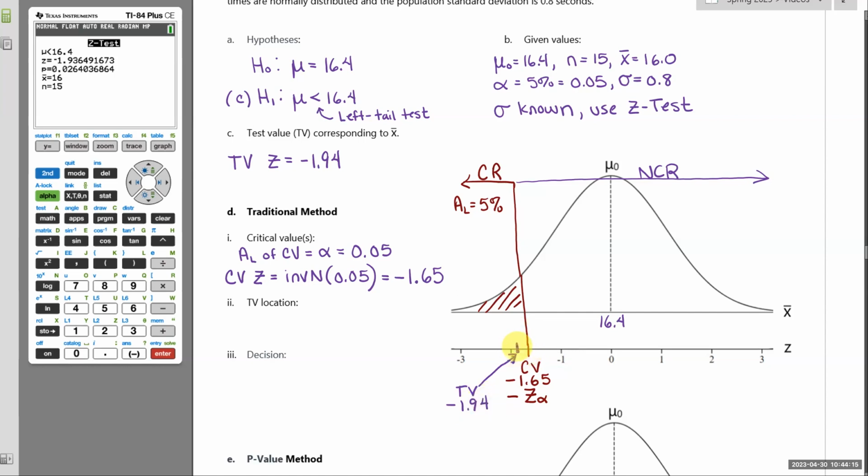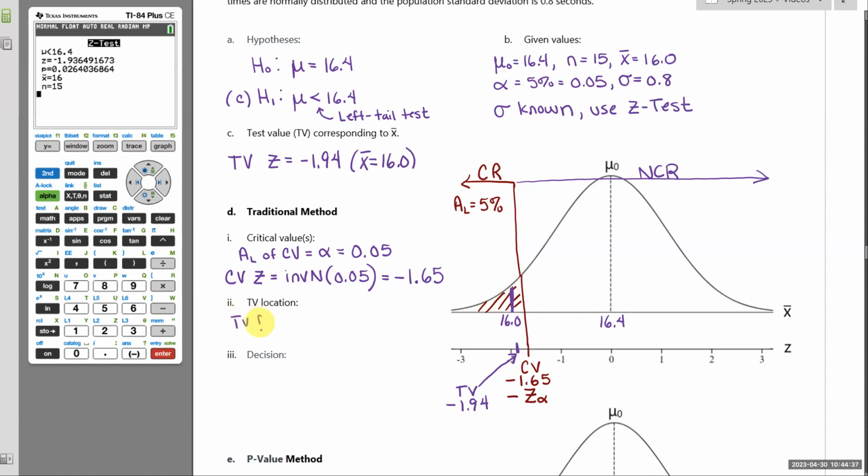That value tells us where x bar is relative to the critical region. On my x bar axis, that's where 16.0 would be. It's falling in this shaded critical region part of the graph.